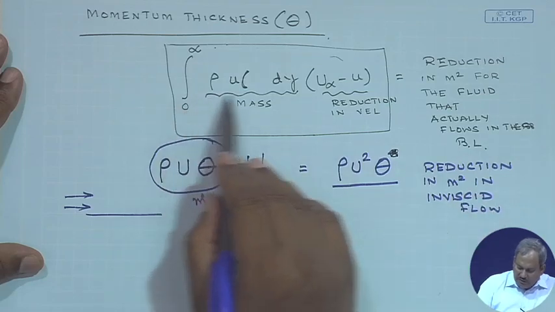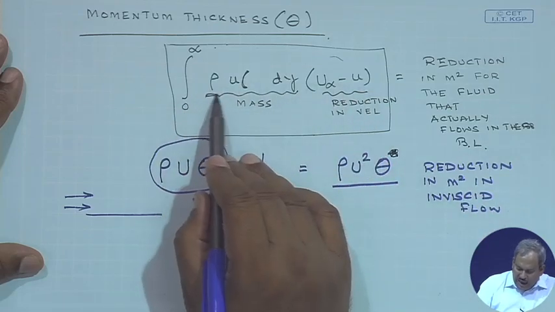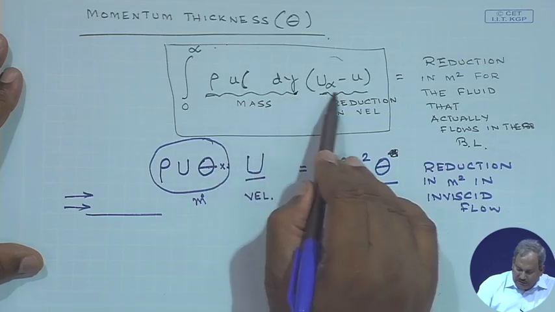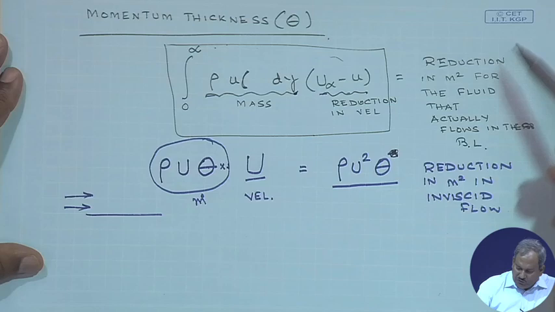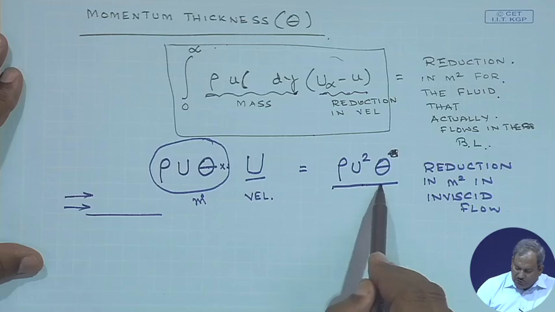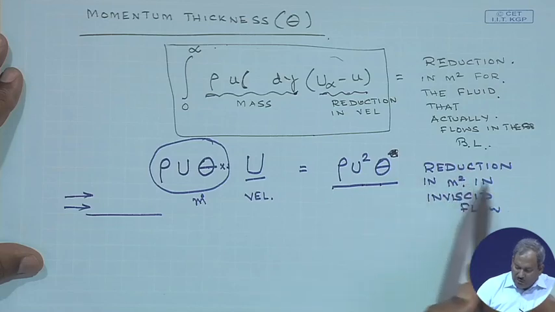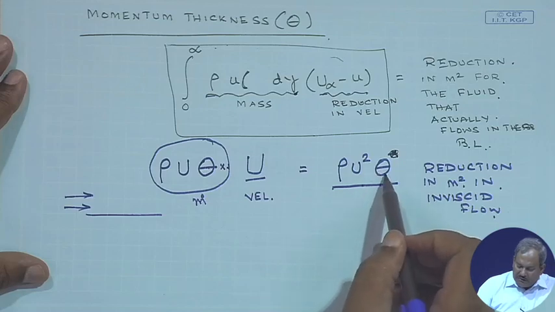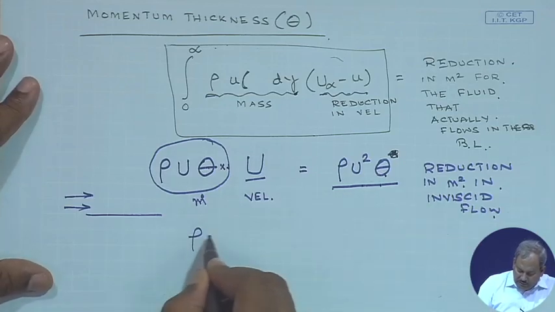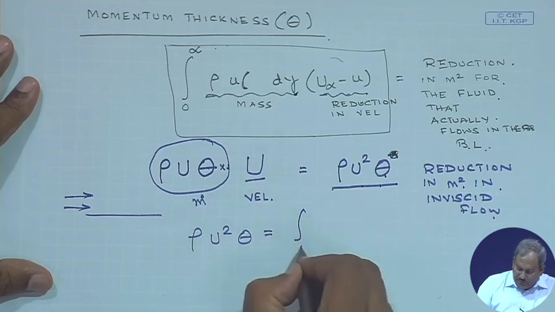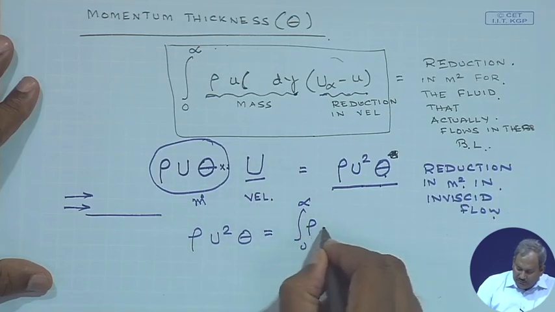So, this is the reduction in momentum of the actual mass of fluid that passes through the boundary layer, and this is the reduction in velocity. When I write rho u square theta, this is the reduction in momentum in inviscid flow when you raise the platform by a distance equal to theta. Theta is called the momentum thickness when these two are equal.